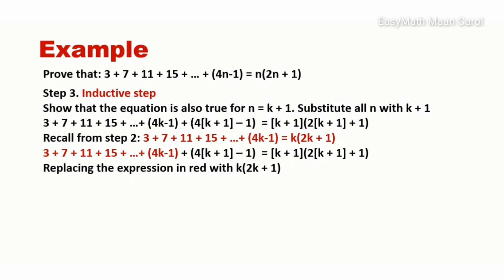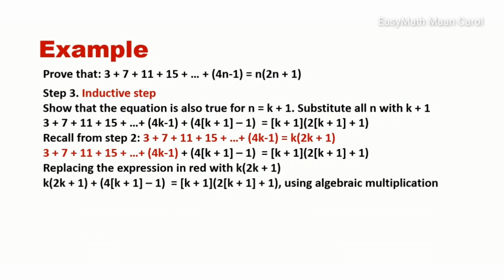Ito yung right side ng step 2. Okay, so sabi natin, yung mahabang 3 hanggang to dun sa 4k minus 1 ay equal doon sa k times 2k plus 1. So, doon sa left side of the equation natin, lahat ng kulay red na yun na mahaba, papalitan lang natin ng maliit na expression na k times 2k plus 1. Kasi equal lang naman din sila. So, ito yung nangyari.